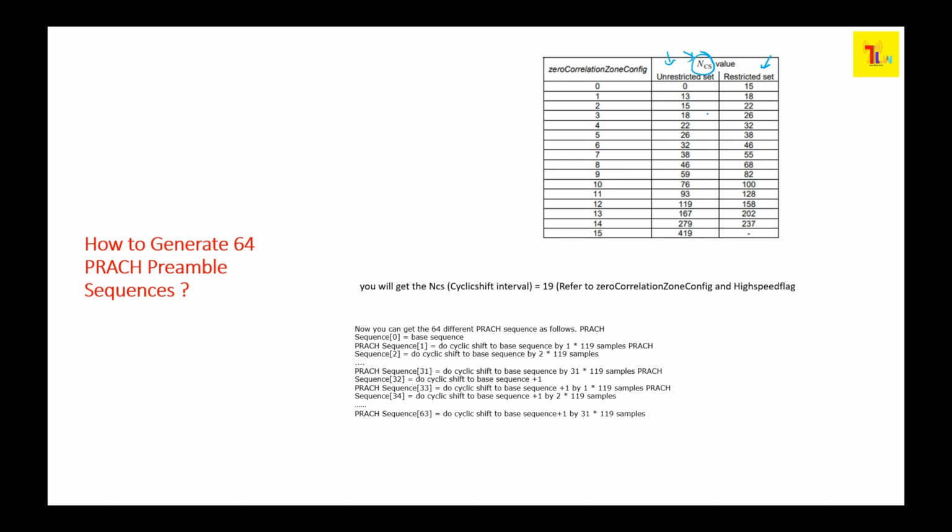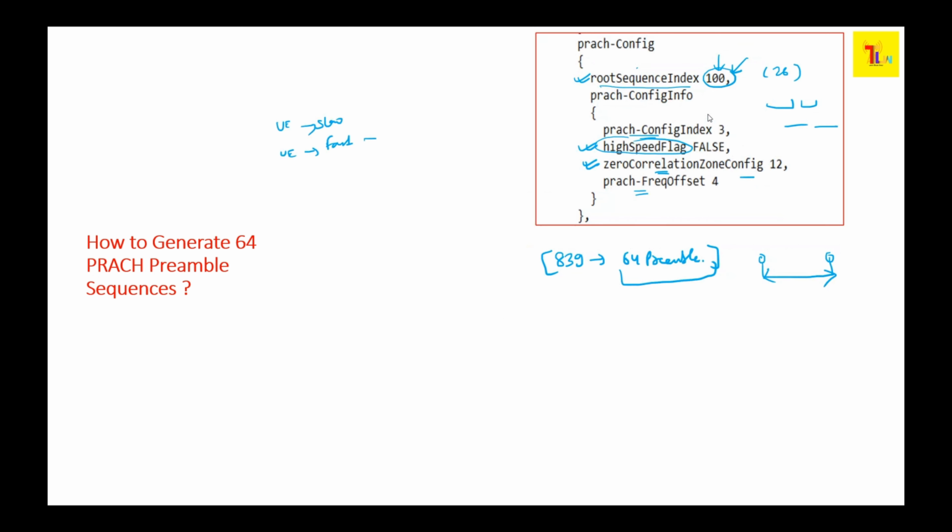Let me first of all understand this. I believe that this particular part is clear to you, what exactly the significance of this is. And now we will understand with the example. So here the root sequence index is 100.